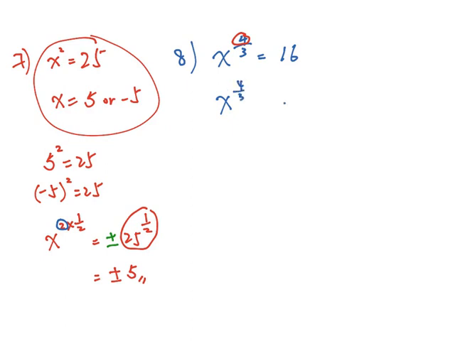So we know the positive and negative answer. So times reciprocal 3 over 4. Then for 16 also 3 over 4. So finally x is equal to plus or minus 8. For this, still you use the calculator.